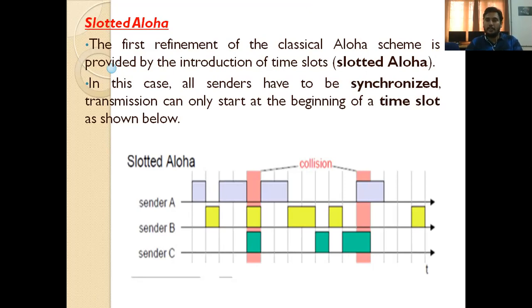For example, here the time slot is 1 hour: 9 to 10, 10 to 11, 11 to 12, 12 to 1. So sender B's data is ready at 9:15, but he waits until the beginning of the next slot, which is 10. That is the basic principle followed in slotted Aloha.